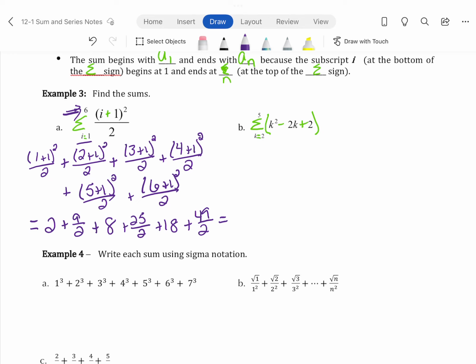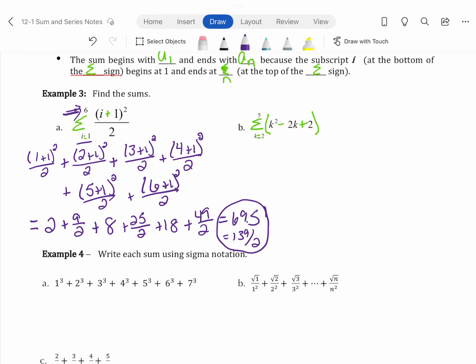Oh, I think I forgot to hit the addition button. Go ahead and do it with me. So I got 69.5, which, since everything was written as a fraction, is the same as 139 over 2. Either one of those would be okay answers.